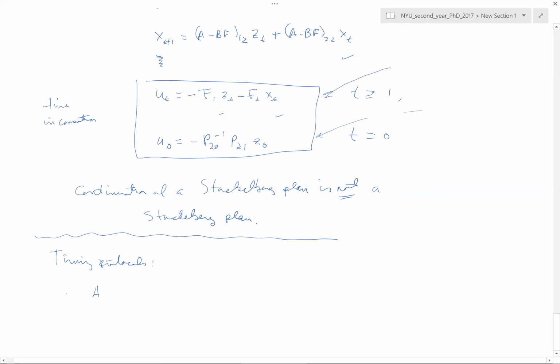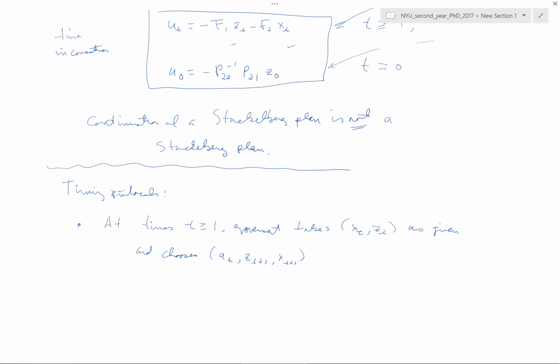At times t greater than or equal to 1, the government takes xt, zt as given, and chooses, this is our sequential interpretation anyway, a u for this period, a z for this period, and xt plus 1 for next period.